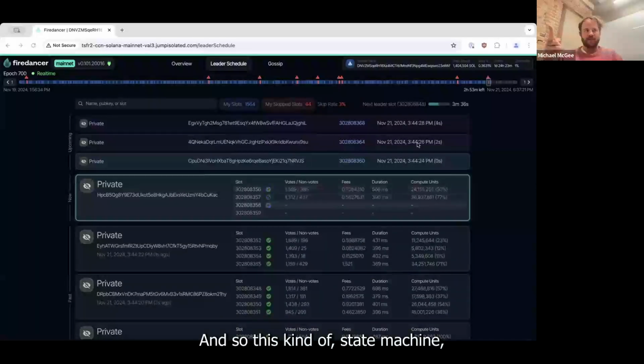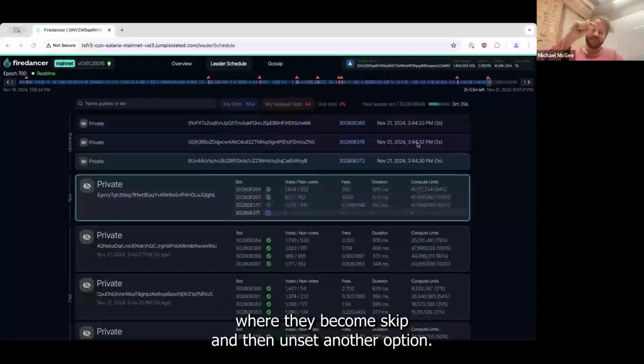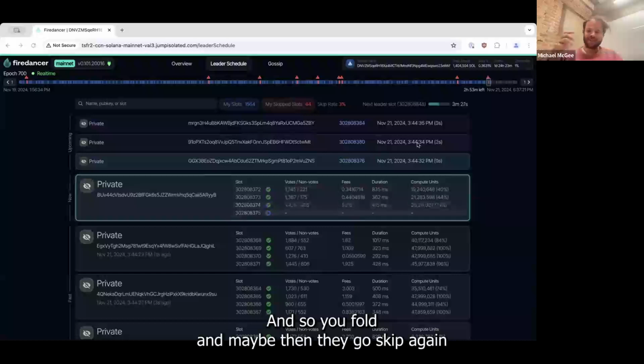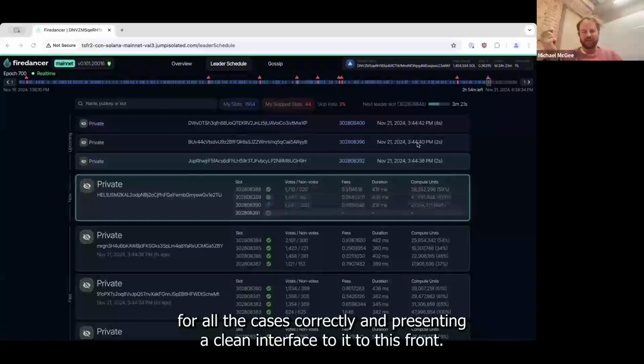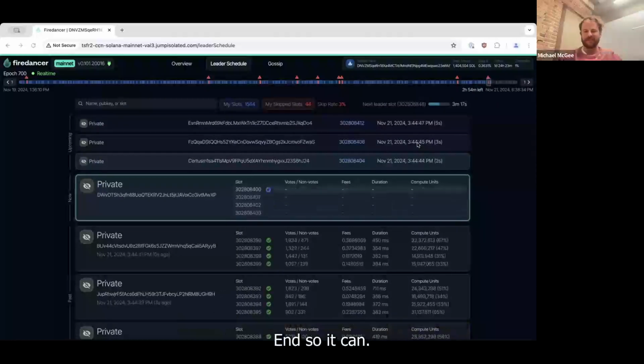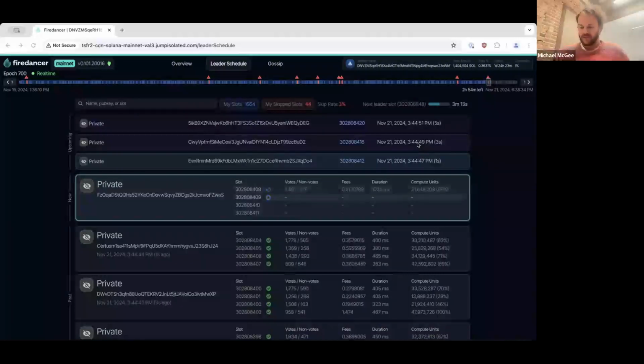And so this state machine process that slots go through, where they become skipped and then they're unskipped and now they're optimistically confirmed and maybe then they got skipped again, modeling that and making sure we account for all the cases correctly and presenting a clean interface to the front end so it can display all that without doing a lot of gymnastics, it's quite difficult.